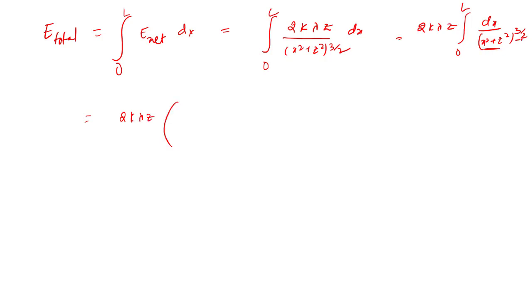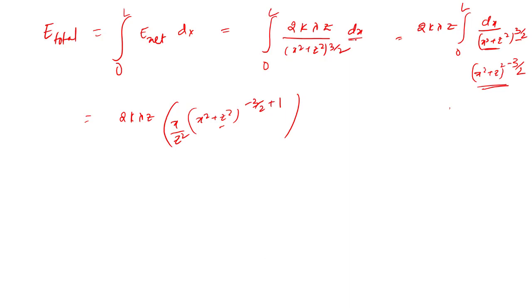If I integrate the power minus 3 by 2, I add 1, so I get x squared plus z squared to the power minus 3 by 2 plus 1, and then I have the division by another x by z squared term because of the dx.